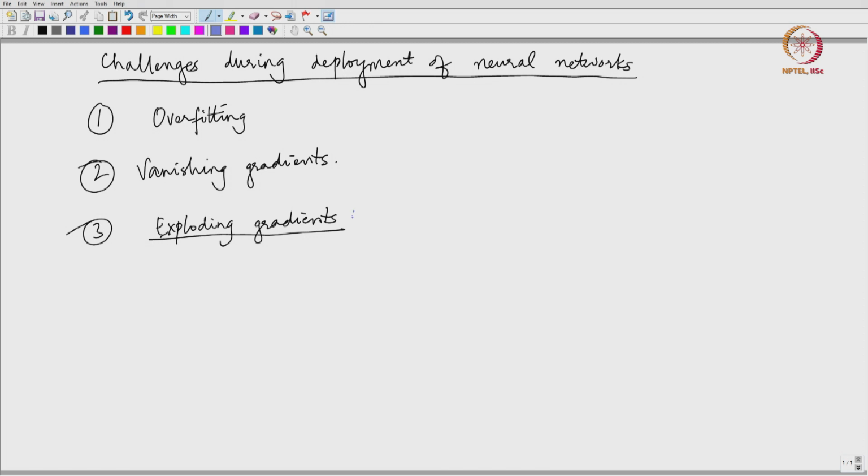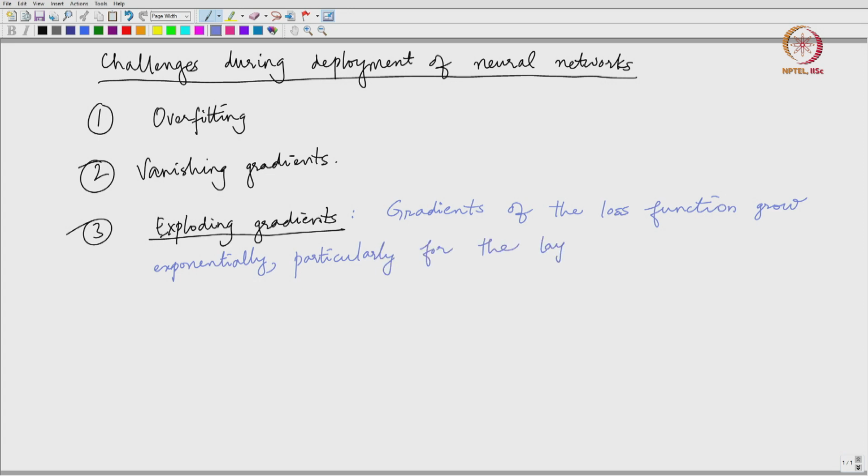So what happens in exploding gradients is that the gradients of the loss function grow exponentially, particularly for the layers near the output layer, because the layers that are deeper into the network towards the input layer are sort of insulated.